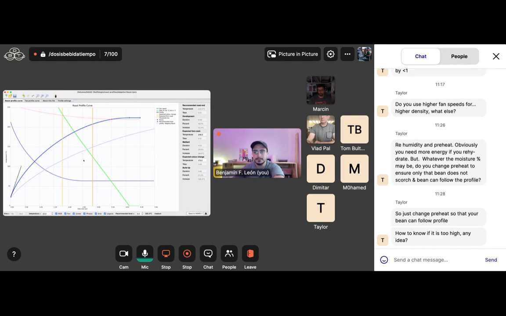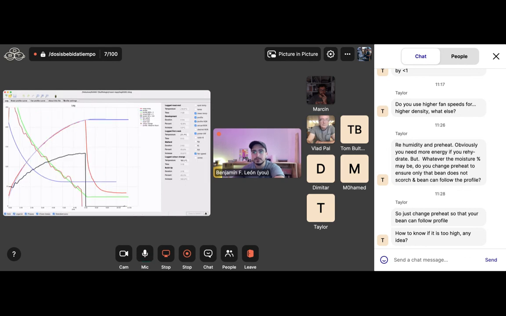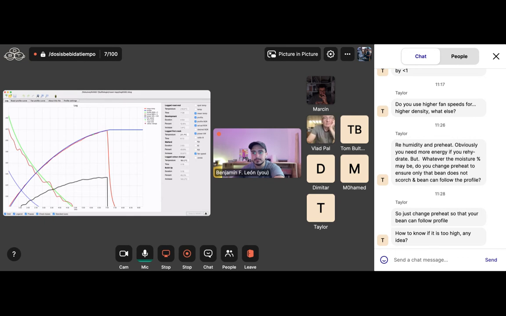So I have a couple of logs over here. Let's say this one. I don't remember which one this one is. Okay, so this coffee, I have a little bit of an overshoot over here, you can see.